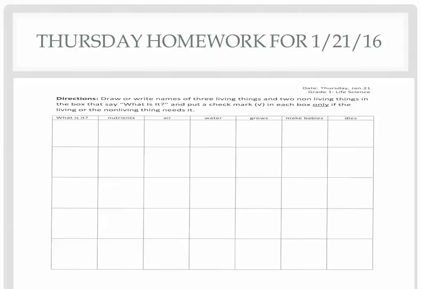So non-living things, basically, they cannot move, they don't grow, they don't change, nor do they eat or drink or need air to breathe. So please remember those characteristics as you draw your pictures and check the boxes here.